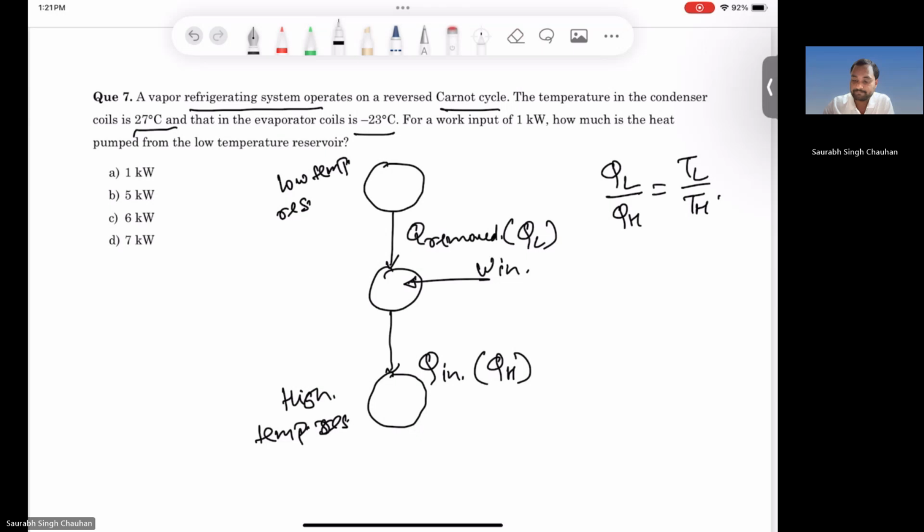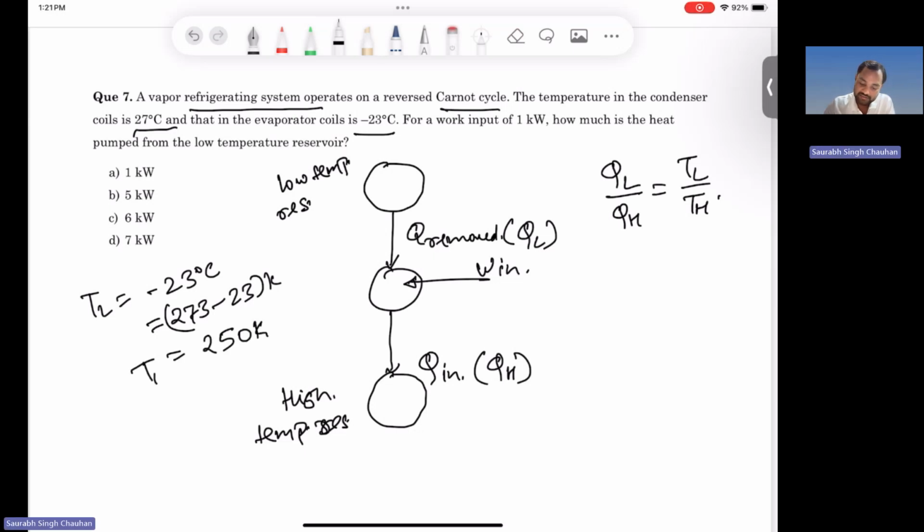Correct? Here TL is how much? Minus 23 degrees Celsius, or 273 minus 23 Kelvin. So TL is 250 Kelvin. And how much is TH? TH is 273 plus 27 Kelvin. So it is 300 Kelvin. Correct?